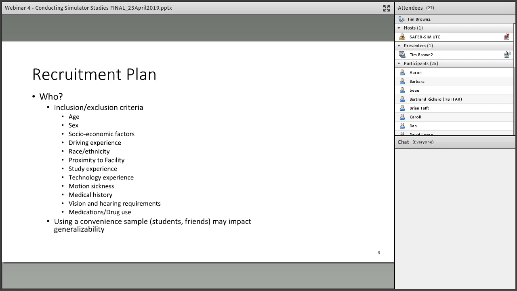As we start talking about who, we get into the question of using a convenience sample. Do we use people that are the easiest to recruit, or do we try to get a broader sample? Oftentimes, particularly if you're at a university, it's easy to get students. So it's easy to get participants who are 18 to their early 20s.